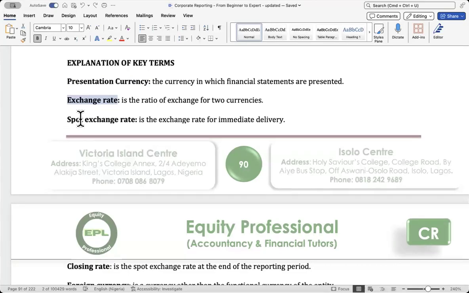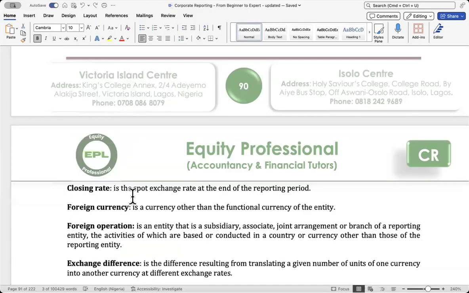And spot exchange rate is the exchange rate for immediate delivery, or the exchange rate of that day, right? The transaction date exchange rate, that's the spot exchange rate. Then the closing rate, which is the spot rate at the end of the year.